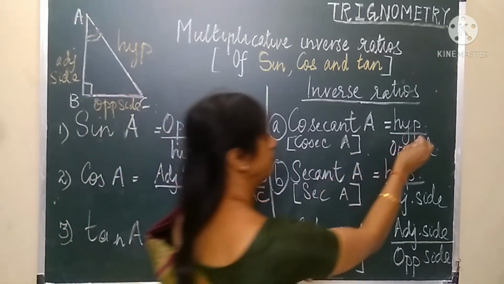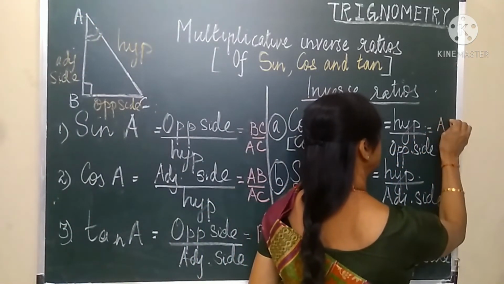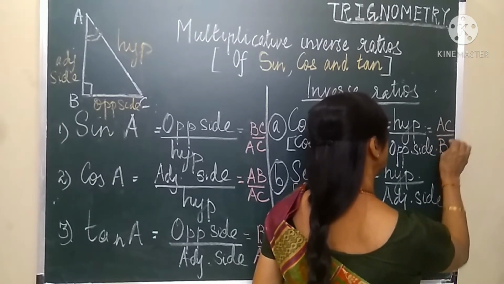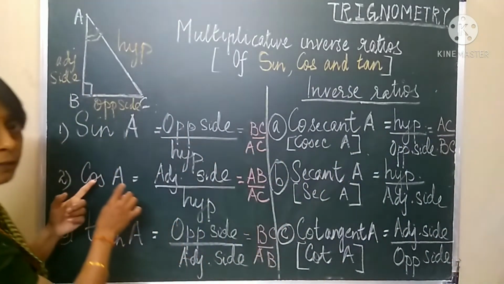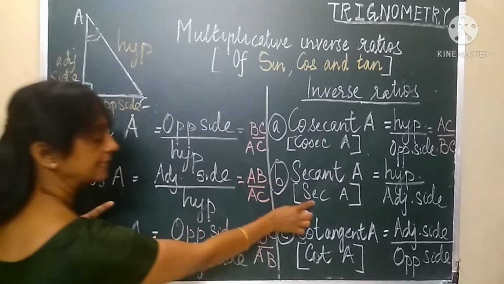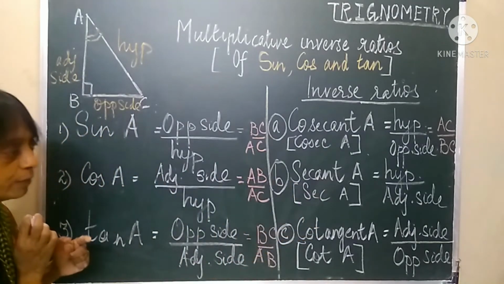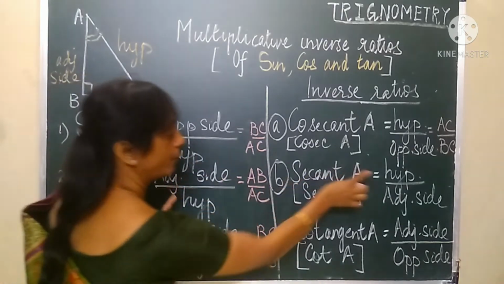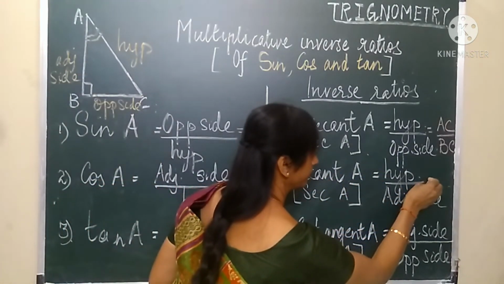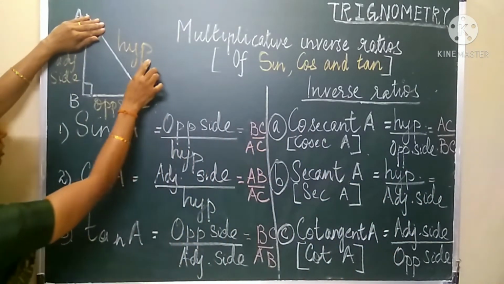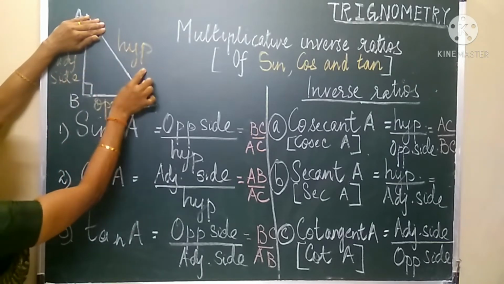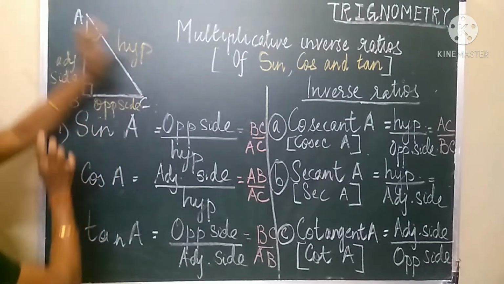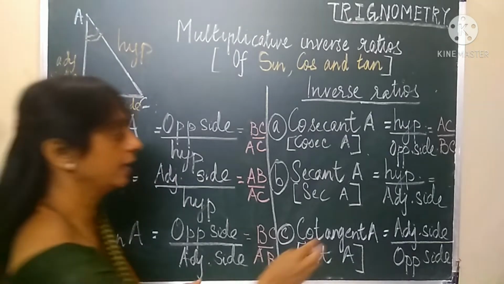The inverse ratio of cos is called sec. By which formula can we find out the value? By hypotenuse upon adjacent side. So AC upon AB.